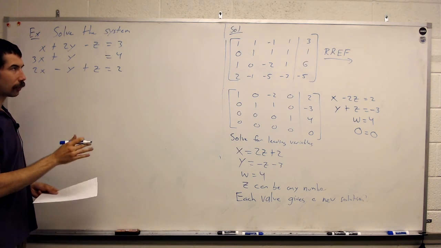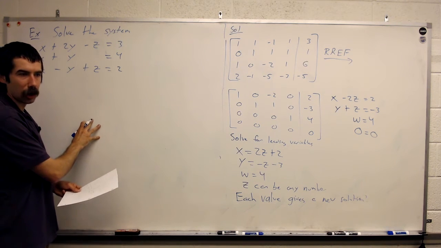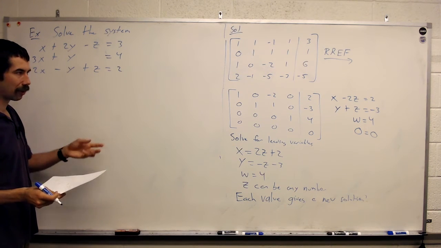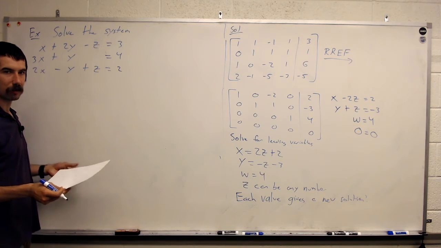All right, so just like we did in the last example, let's turn this into an augmented matrix. We'll do our row operations, or have a calculator do it for us, and then we'll see what our solution is.